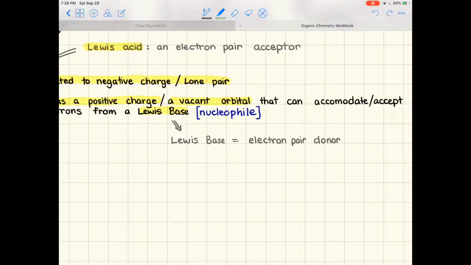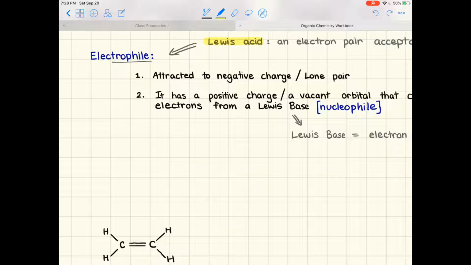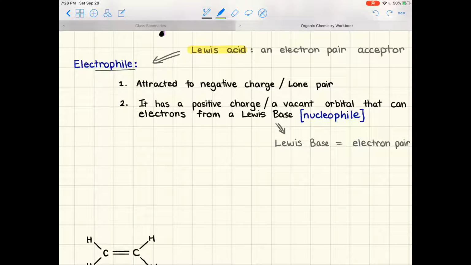A Lewis base, just to clarify, is an electron pair donor. So, what does this mean? To recap, an electrophile usually has the space, a vacant orbital, that can allow for lone pairs or just electrons in general. And this is just basic concepts in chemistry.